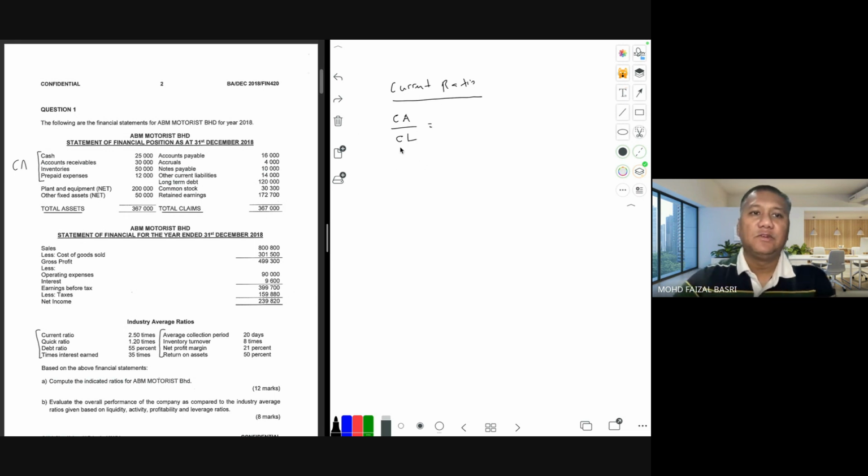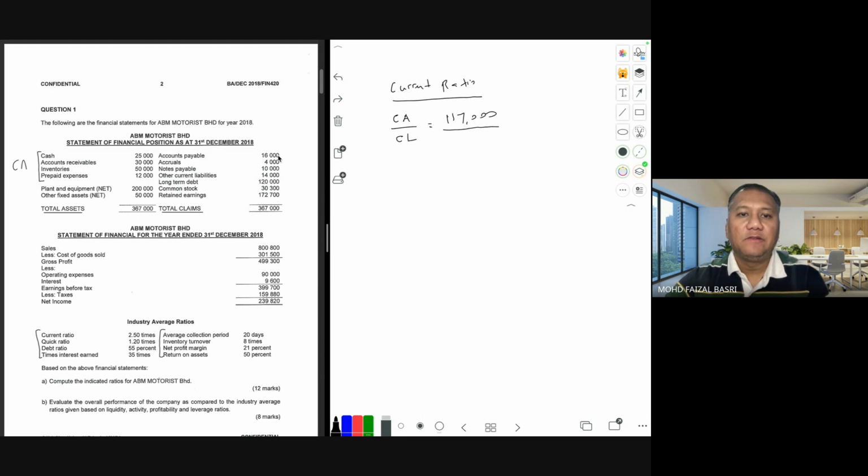I won't write everything, but you add 25,000 plus 30,000 plus 50,000 plus 12,000. You have to add these four, and here you get 117,000 for the current assets.